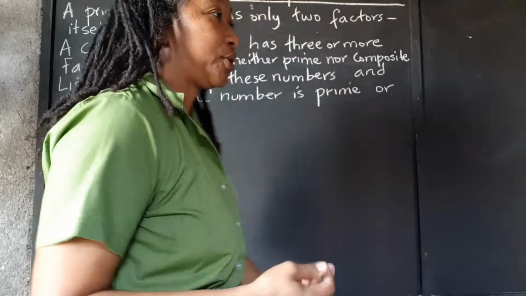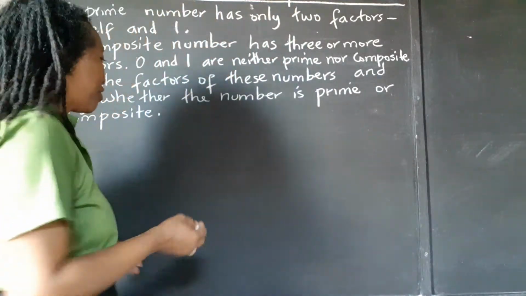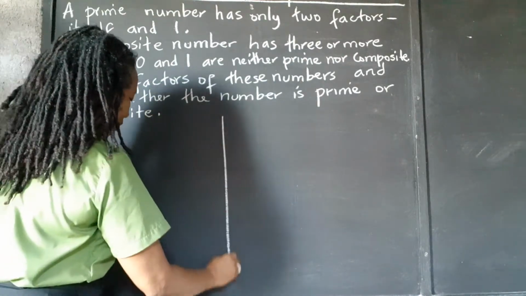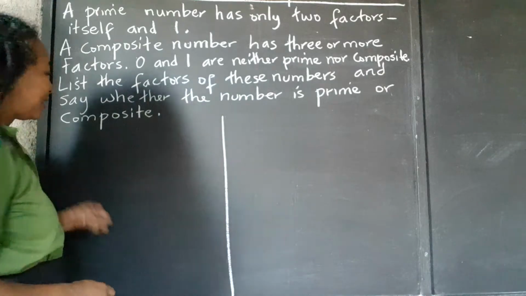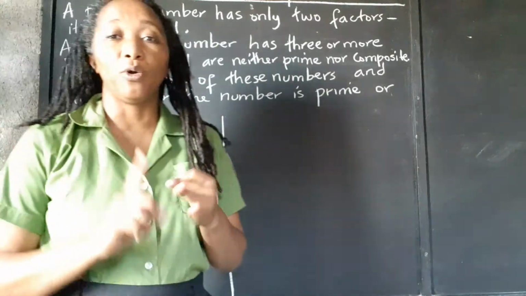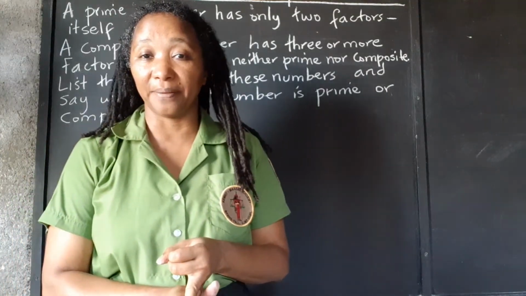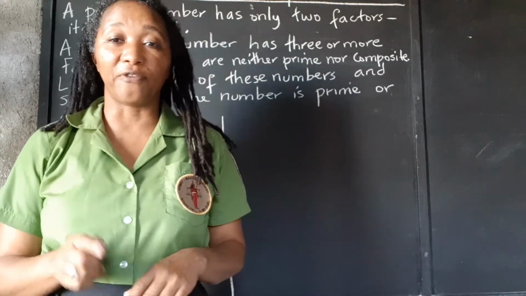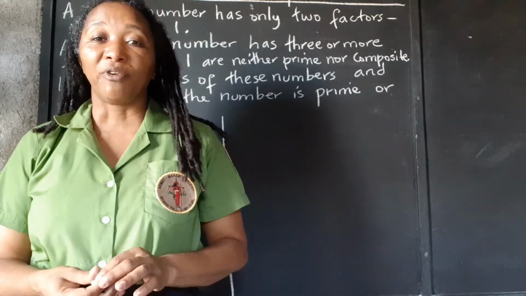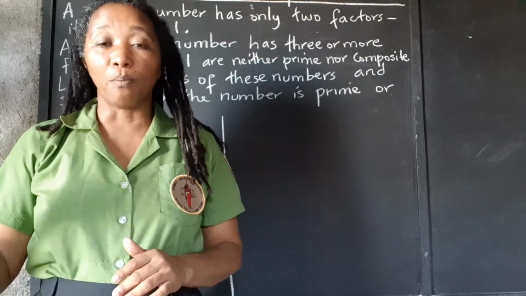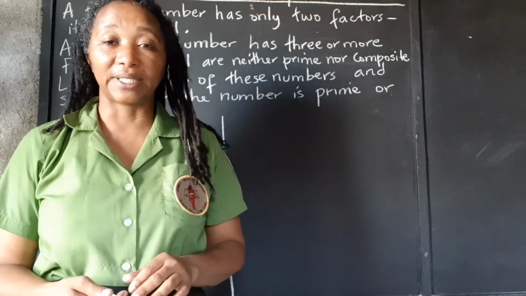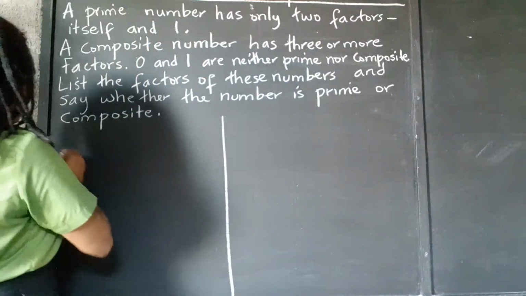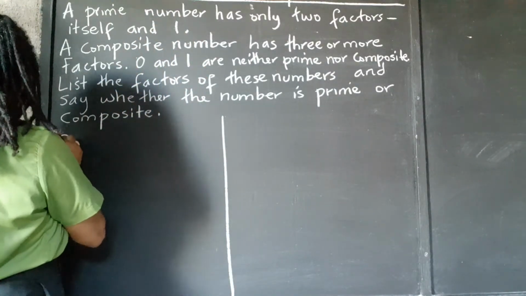So we're going to list all the numbers that can divide equally into each number. If we find that there are only 2 numbers that can go into them, themselves and 1, we're going to put P for prime. If we find that 3 or more numbers can go into them equally, we are going to put C for composite. Alright, so let's start.